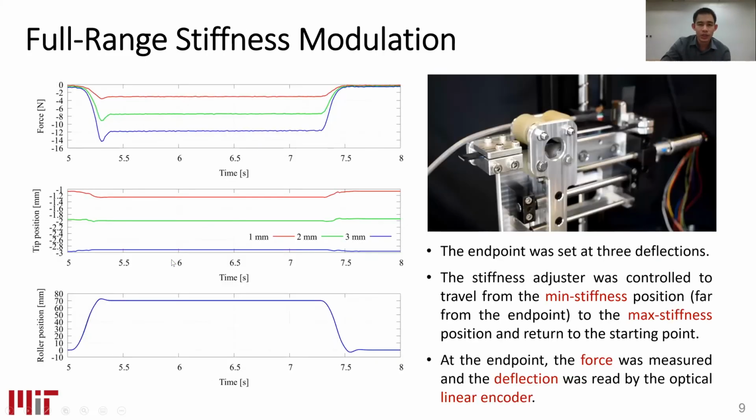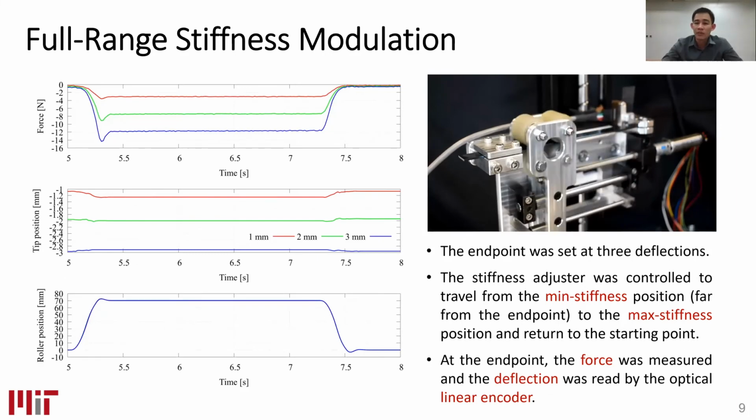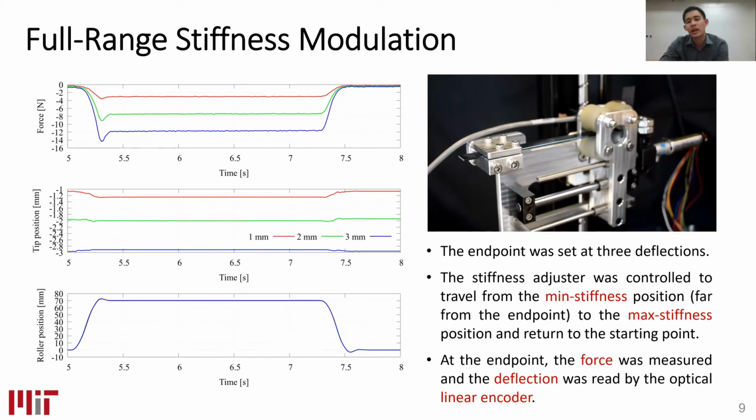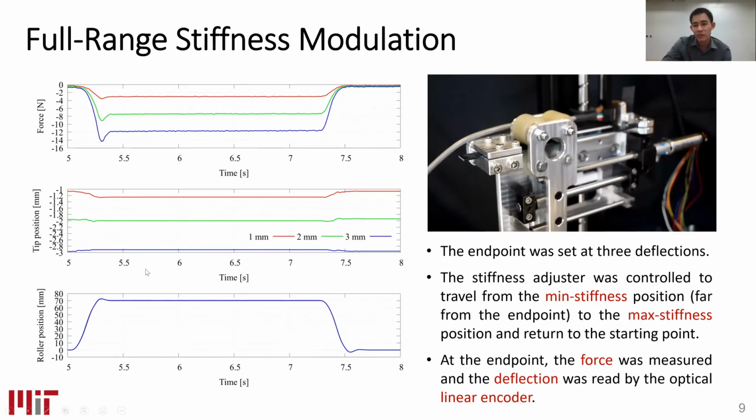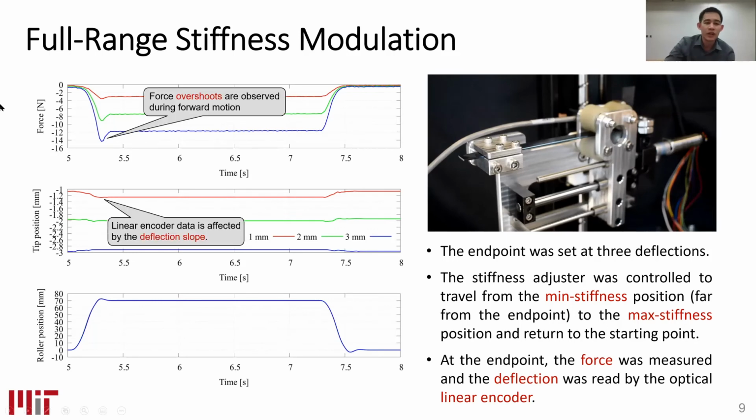We also show the control of the stiffness modulation for the full range of stiffness modulation. The stiffness adjuster moves from the minimum stiffness position to the maximum stiffness position, and we measure the force, and we also measure the endpoint deflection. And we can see here, for the force, we can see the overshoot during the forward motion.